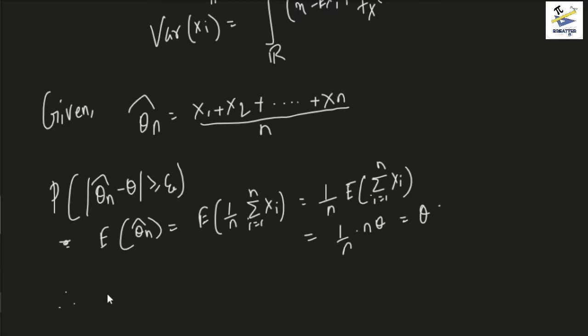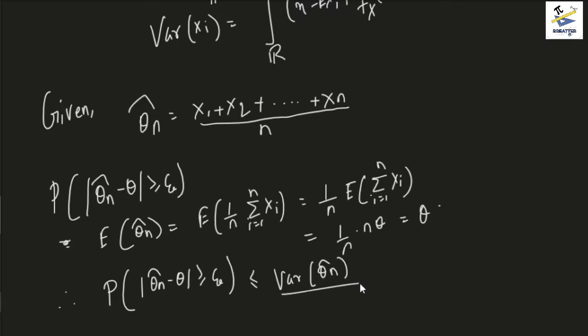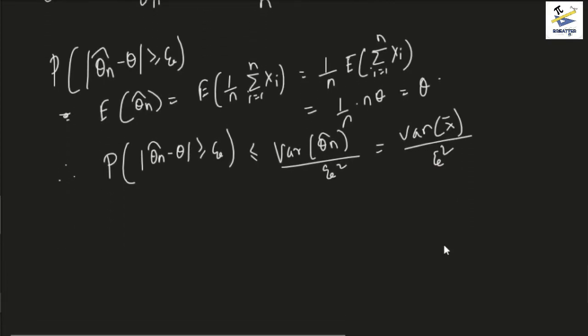Therefore, using Chebyshev's inequality, we have this less than or equal to the variance of theta n by epsilon square, and now variance of theta n is basically variance of x bar by epsilon square. Now what is variance of x bar?